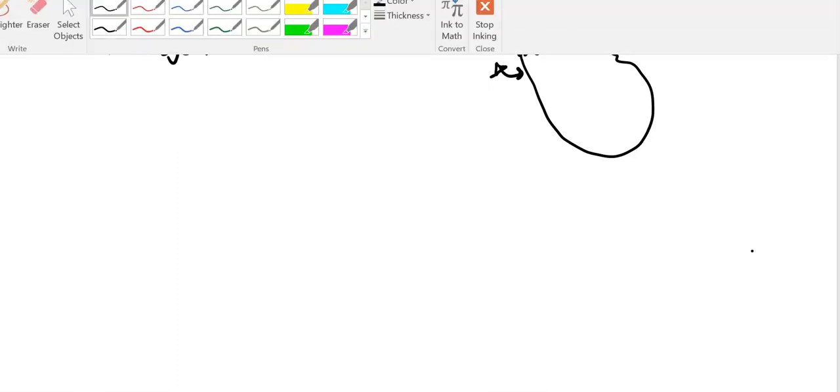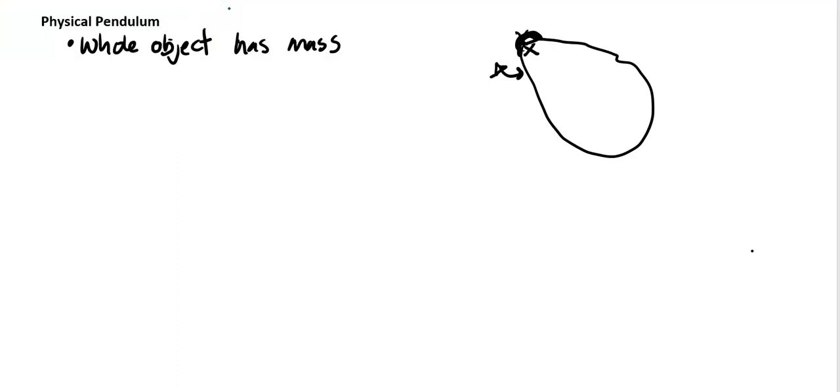So what I think of is, let's say I have something rotating. Let's say it's a big blob right here, rotating. This would be an example of a physical pendulum, because this is rotating back and forth about this point X right there. For this object, I want you to think about where the center of mass is going to be. Well, closer to the massive side.